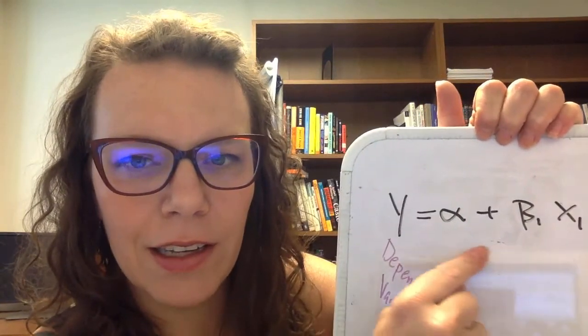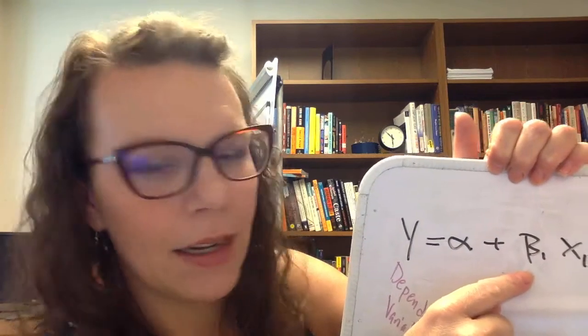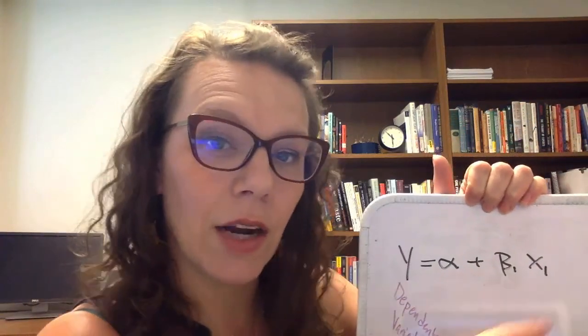And so what we do then is we use slope-intercept form to say, okay, there's some constant alpha, and there's x, and then there's some coefficient beta that helps us understand the magnitude of the effect of x on y. So let me draw it out here for you. Alpha is our constant, beta is our coefficient, and x is our explanatory variable, our independent variable.